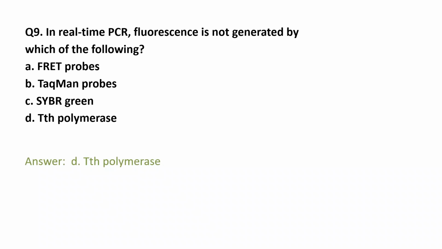The answer is D. FRET generates fluorescence through fluorescence resonance energy transfer, using the acceptor-donor concept when they are closely spaced.